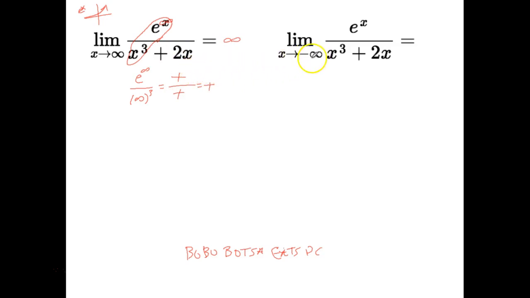Okay, let's go over here to this one. Negative infinity. Okay, largest term on bottom is 3. Largest term on top is negative infinity. If you remember, a negative exponent means it belongs on the other side of the fraction. So really, this is supposed to look something like this: e to the infinity over infinity cubed plus 2 times infinity.